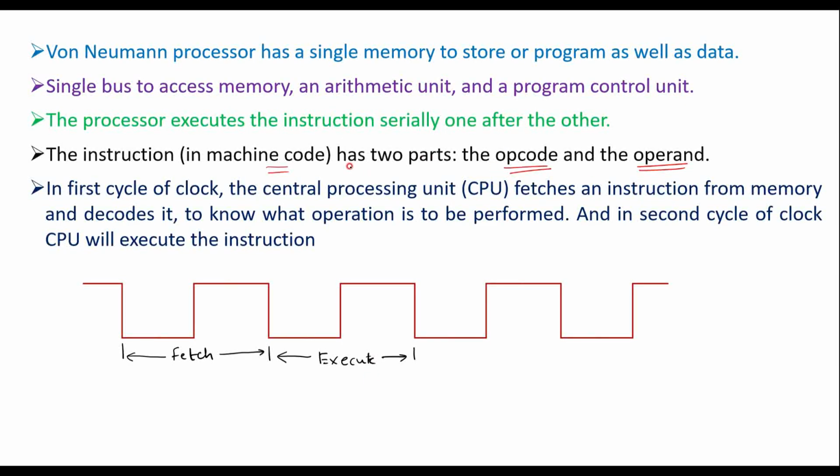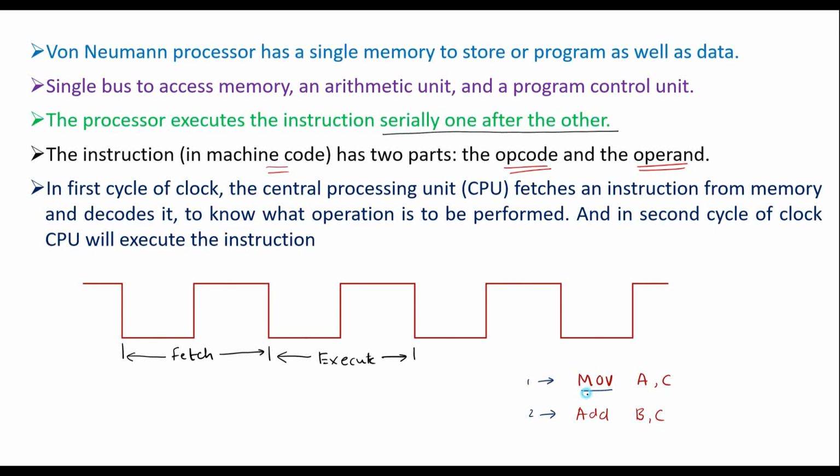As I said, the instruction consists of two parts. One is known as opcode, another one is known as operand. I will explain with one simple example of machine code. Here I will write one simple code: MOV A, C, and ADD B, C. So this is the first instruction and this is the second instruction.